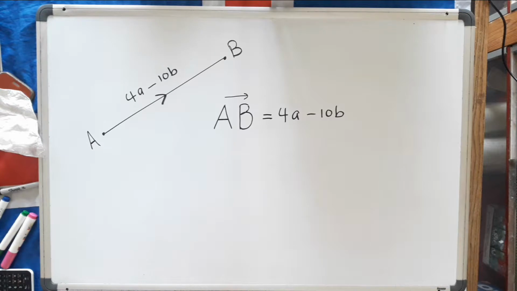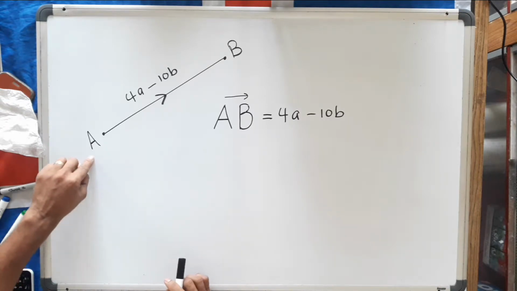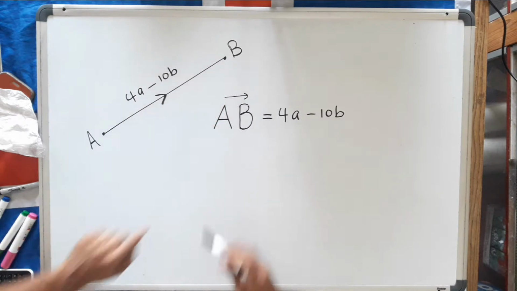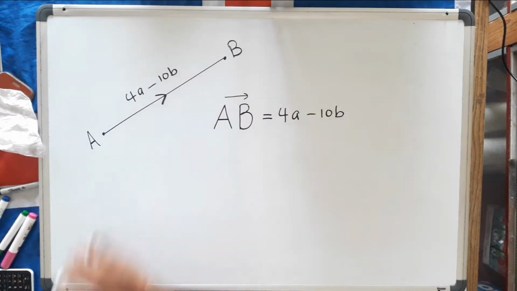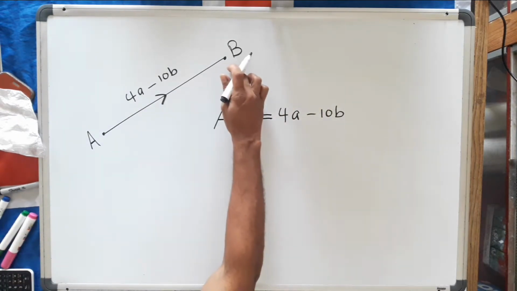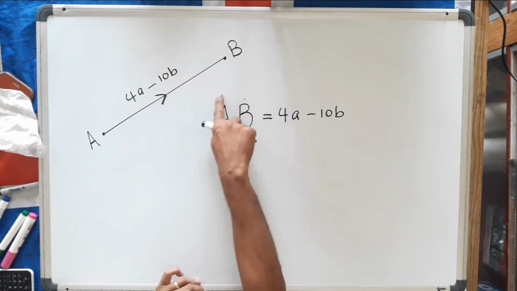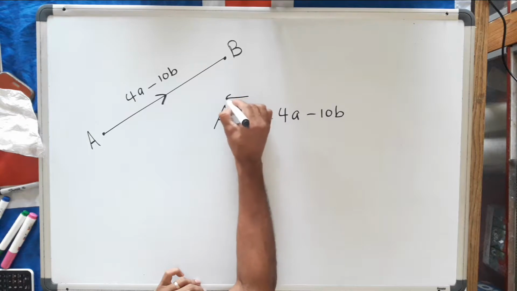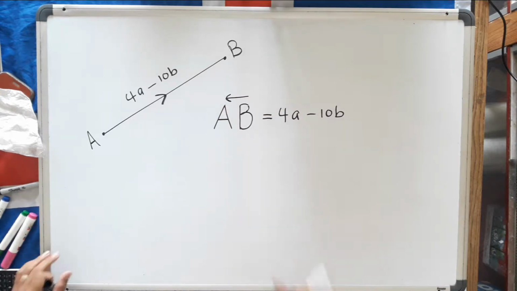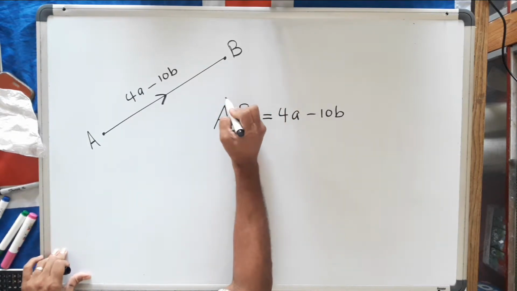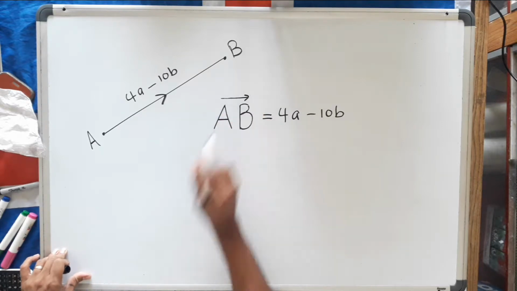Alright, simple enough. Let's say that you are starting at A and you reach B, and now you want to return to A. If I am walking from B to A, please do not make the mistake of changing the arrow around. The arrow always goes from the left to the right.